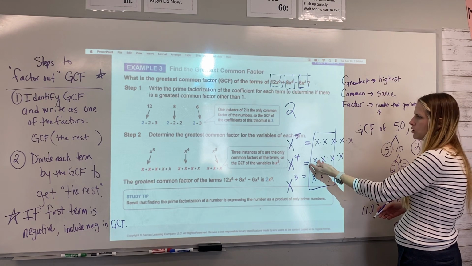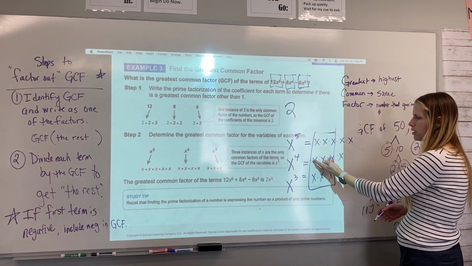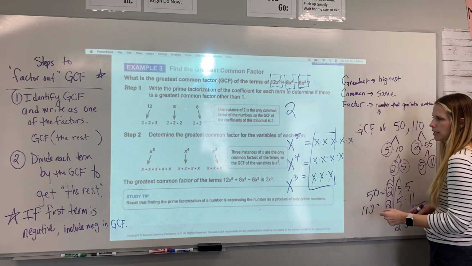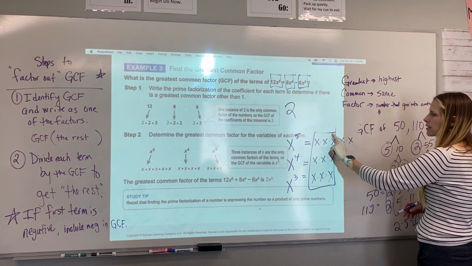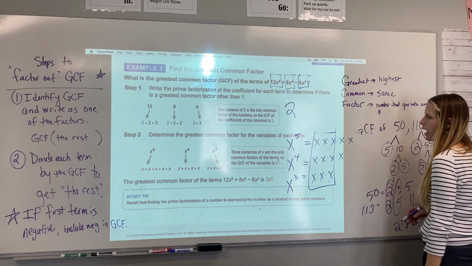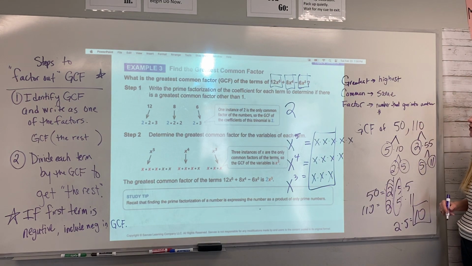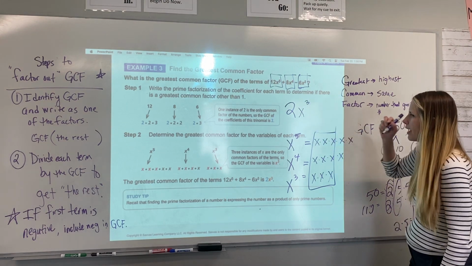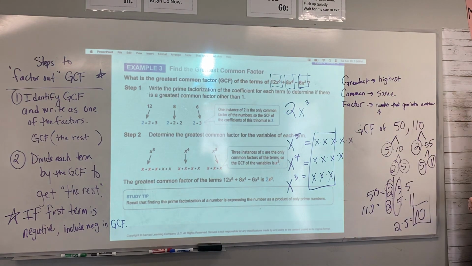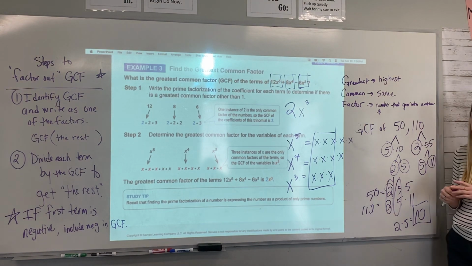That'll only belong to the higher two terms. The lowest exponent is the one that represents the greatest common factor. Are you guys good? You know, it's cool. X to the third. And that's it. That's how you find the GCF.